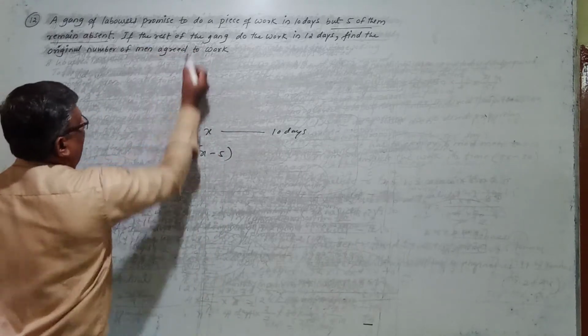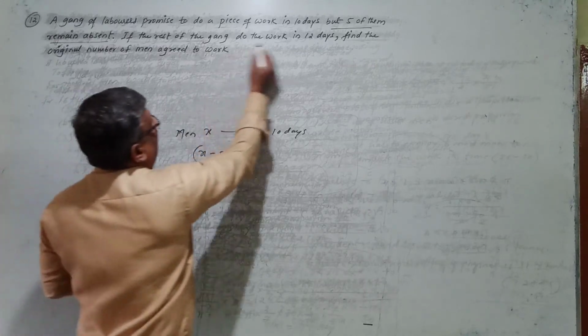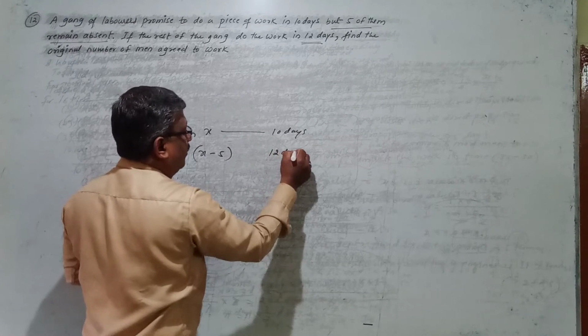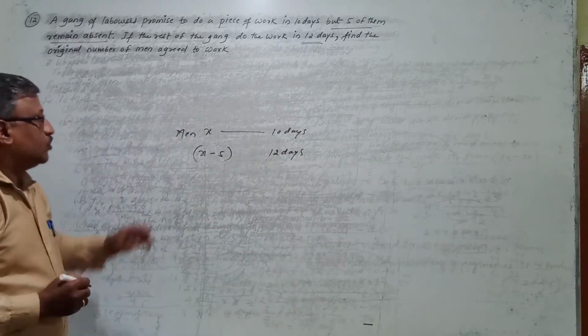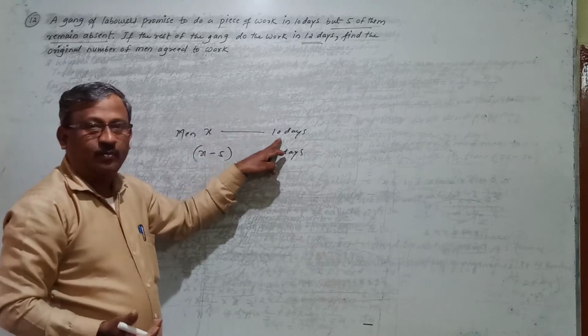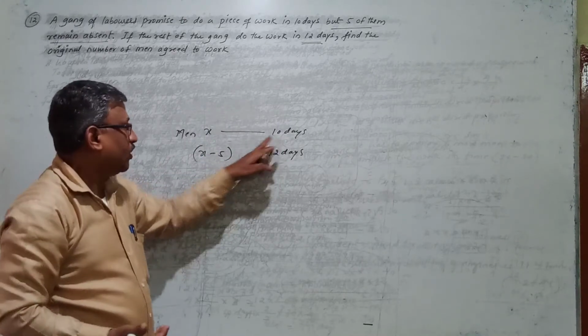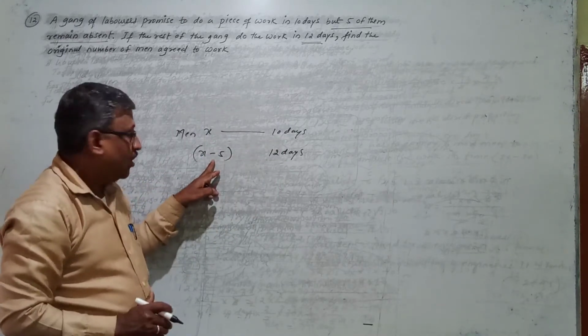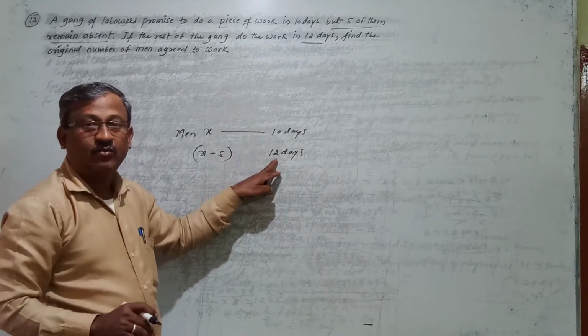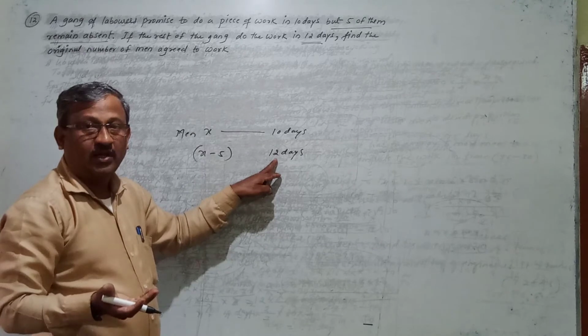The rest of the gang, these remaining workers, have done the work in how many days? In 12 days. So if all X workers work together, they can complete the work in 10 days. But all workers have not worked here. 5 workers have worked less, means these workers have completed that work in 12 days.